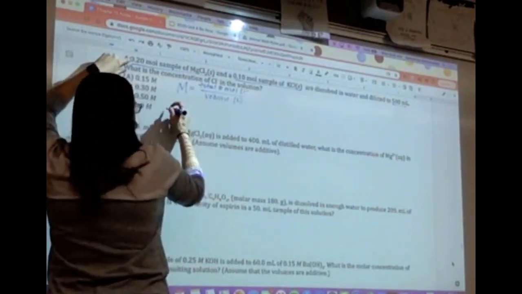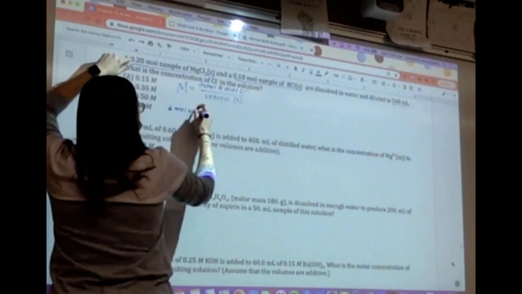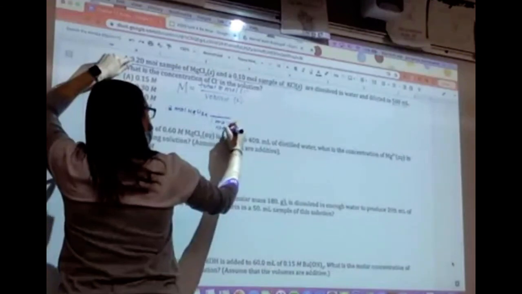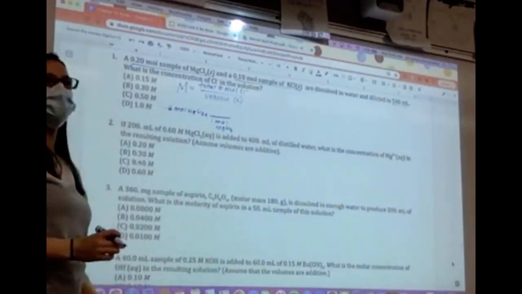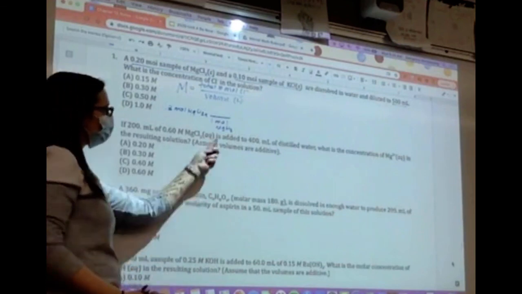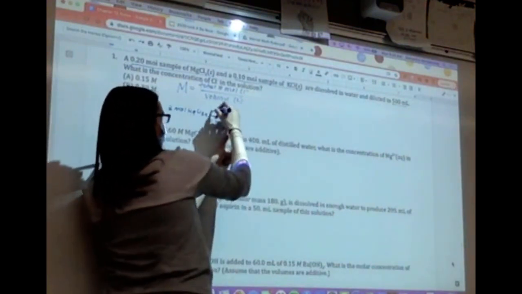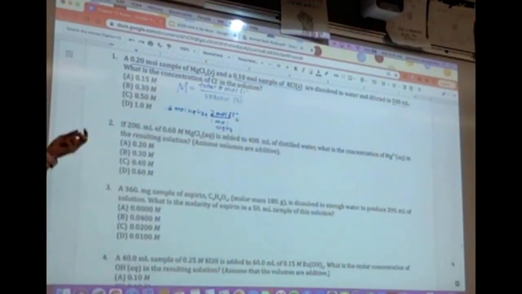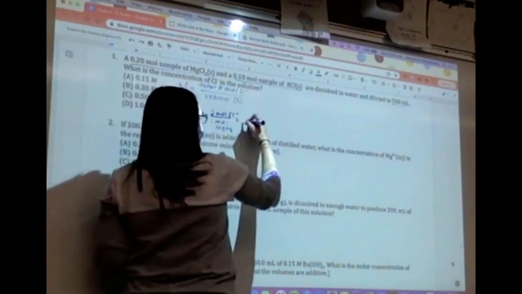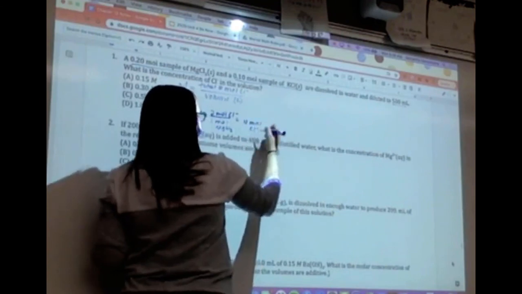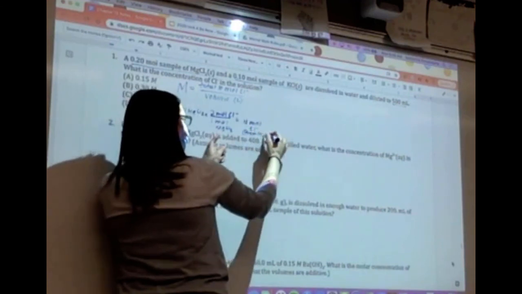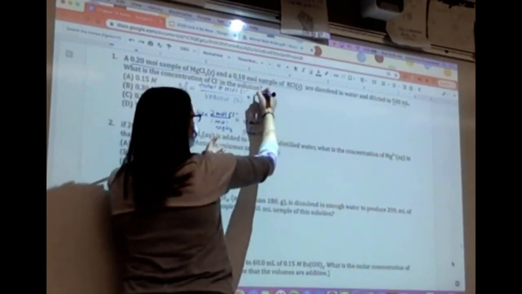So I'm going to say, all right, I have 0.2 moles of MgCl2. For every 1 MgCl2, how many Cl's do we have? Should have 2. So 2 moles of Cl minus for every 1 MgCl2. So 0.2 times 2 is 0.4 moles of Cl minus. That's coming from MgCl2. So there's part of my moles.